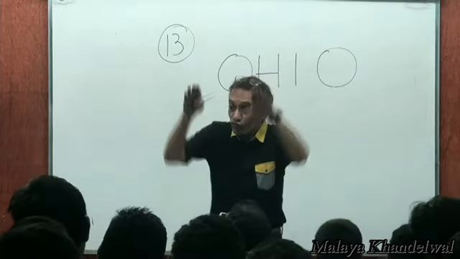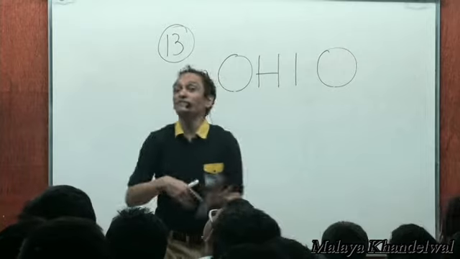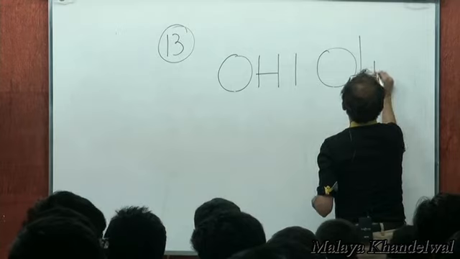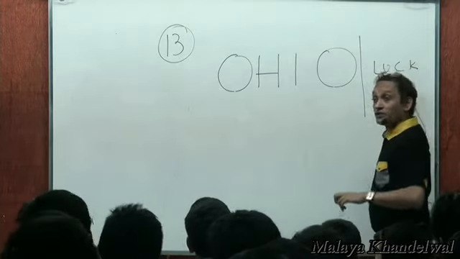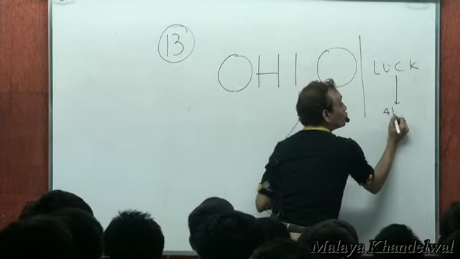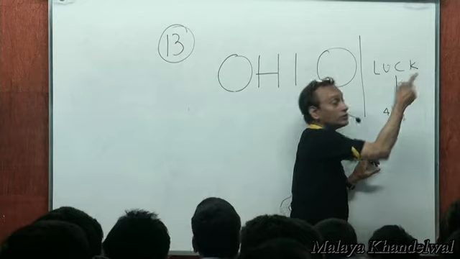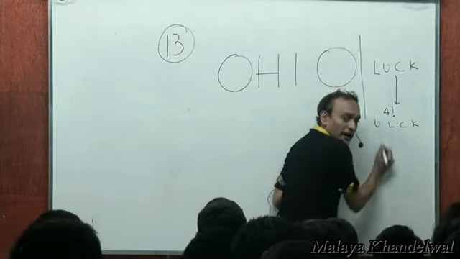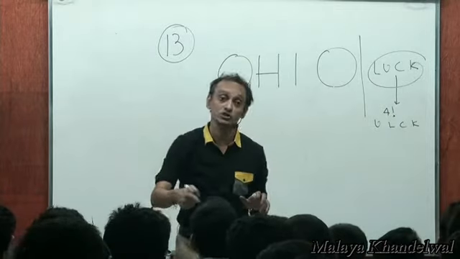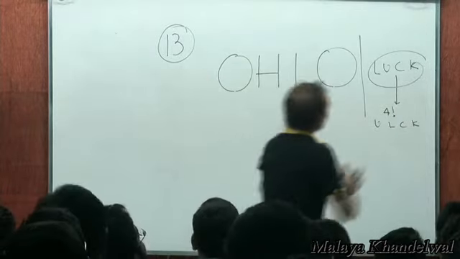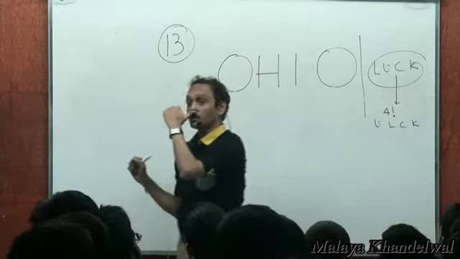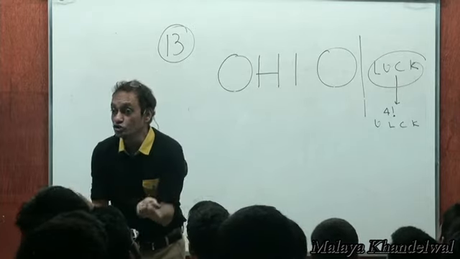If I said LUCK, these are 4 different letters, and I would have had 4 factorial permutations of this. ULCK, etc. I could have created 4 factorial arrangements of these, because they were all different. In this case, they are not different. There are 2 O's that are alike.